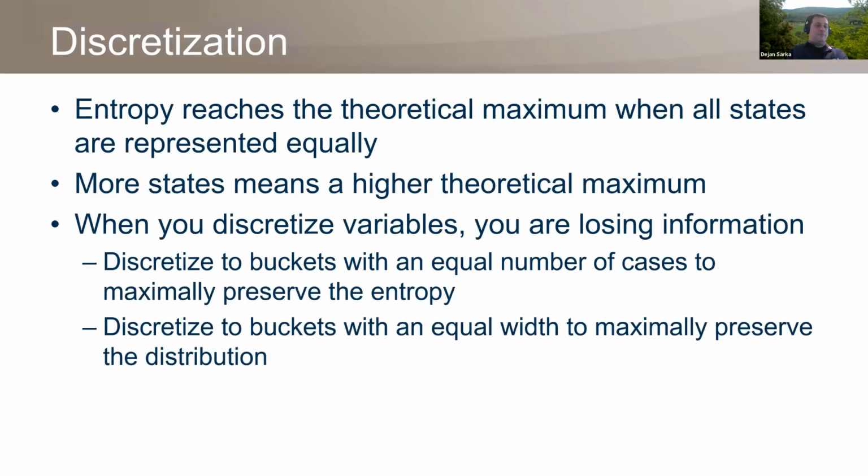It's a measure of the amount of information in a variable that comes from information theory. More states means a higher theoretical maximum for entropy, more distinct states. So when you are discretizing, you are lowering the number of distinct states, so you are losing entropy. By discretizing to classes with an equal number of cases, the loss is minimal.